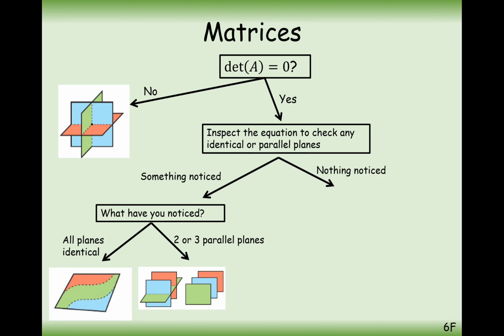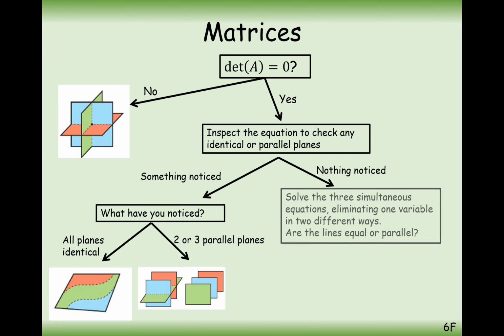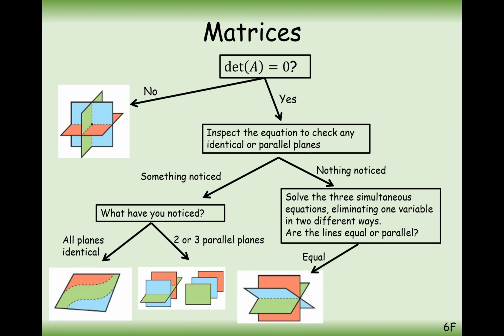If you haven't noticed anything about the planes, or there's nothing to spot, no scale factors inside those planes, then what you've got to do is the long method of trying to solve the equations, eliminating one variable in two different ways. And what do you spot with your two equations that you get afterwards? Are your two equations identical? Is there a common scale factor between all three values?